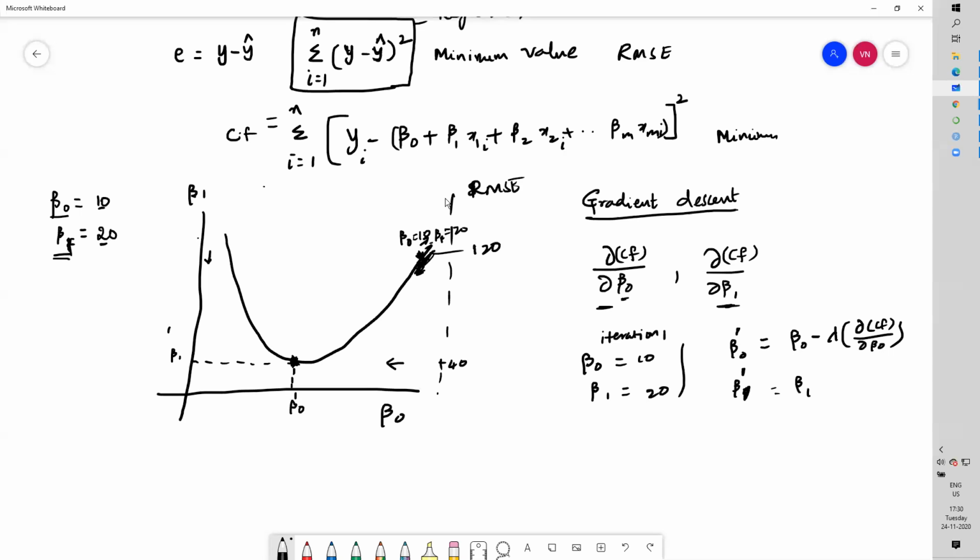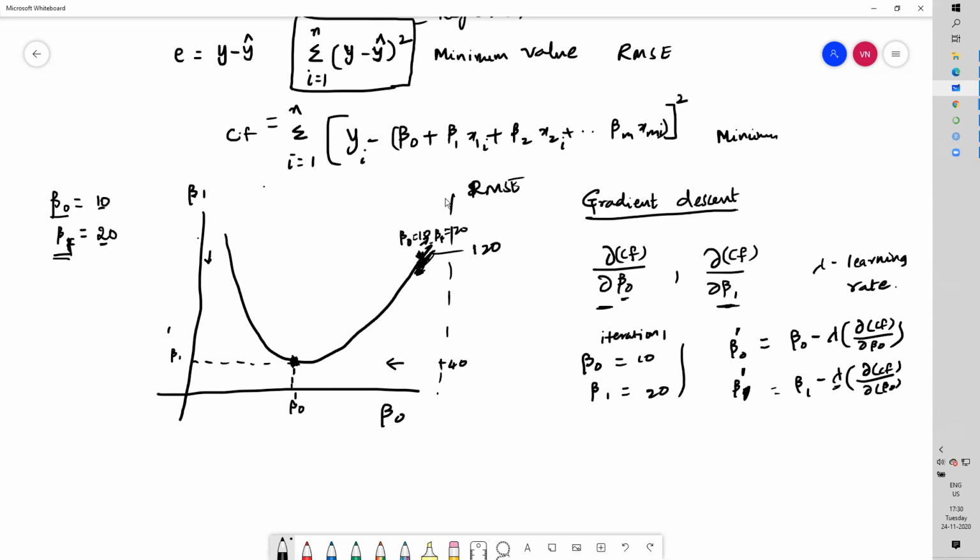Similarly here, beta 1 minus lambda times dou of the cost function divided by dou beta 1. Now this lambda here is called the learning rate.